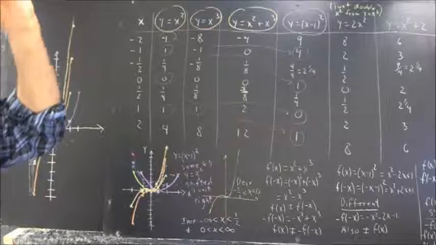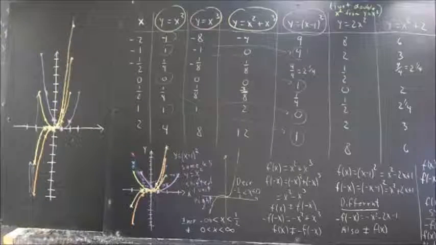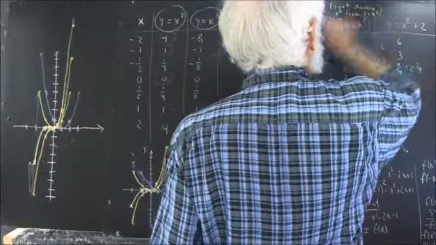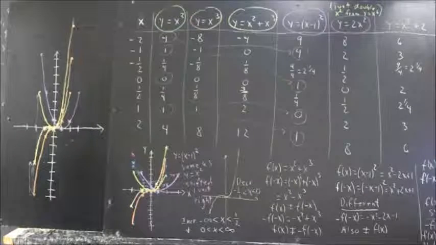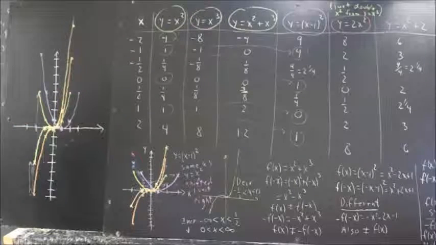Okay, now what about y equals 2x squared? I believe we plotted that one in red, yep. Now remember, our green graph is the y equals x squared graph.